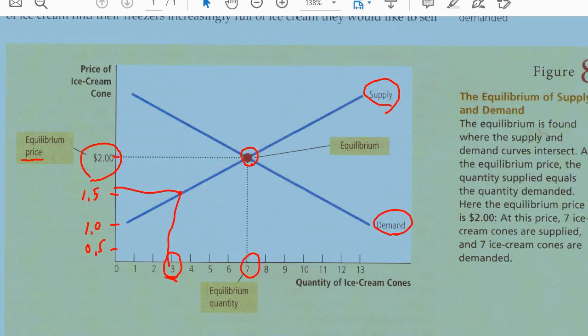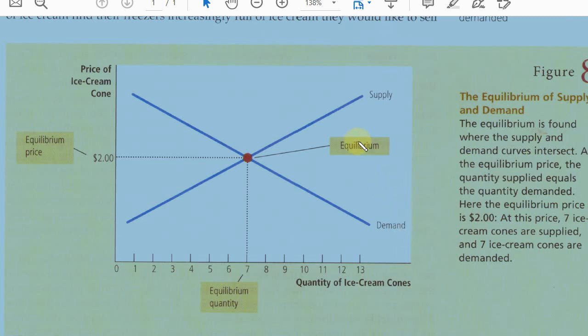For your easy explanation, look at this. This is equilibrium, but let's start with the supplier. The supplier has a basic cost of a certain product.